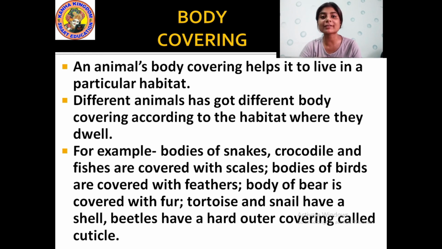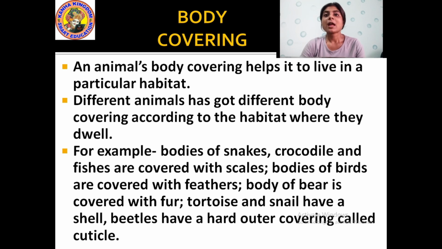Like we protect ourselves from heat, cold and rain wearing different types of clothes in different weathers, these animals also have different body coverings so that they can protect themselves according to the habitat and environment. And beetles have a hard outer covering called cuticle.